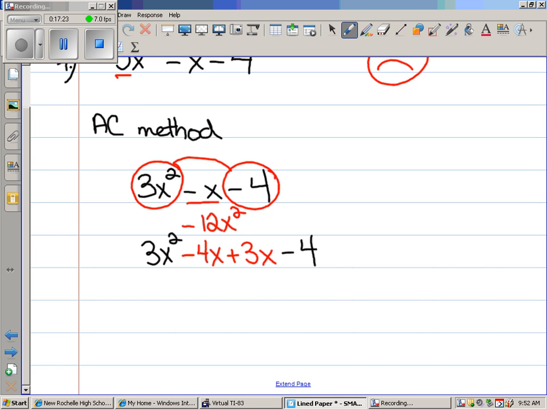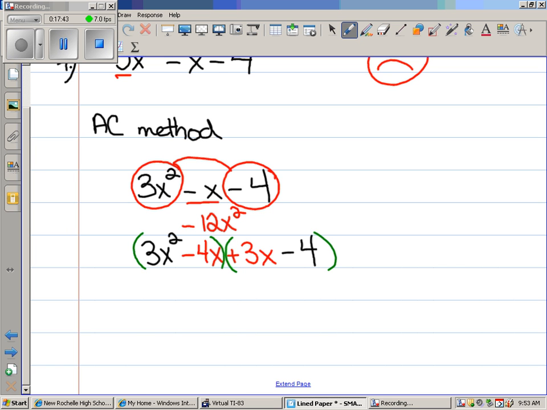Now, I taught you something about 10 minutes ago. There are 4 terms in this sequence. What do you use next, do you think, Carly? Yeah, factor by grouping. That's how factor by grouping fits into our lesson, into our sequence. We are going to take this 4-term expression and factor it by grouping.